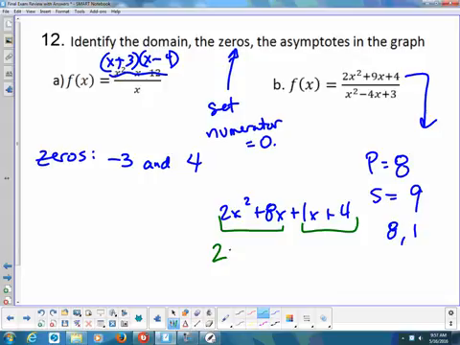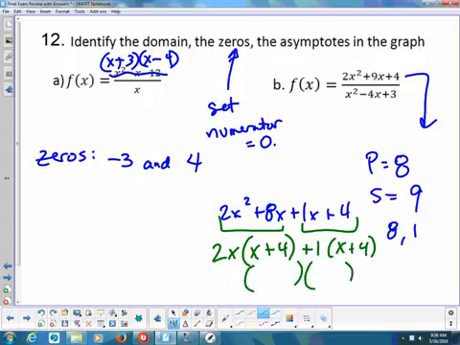Can I factor out 2x? Yeah. All right, and then what's going to be left? x plus 4. And then what can I factor out of a 1x plus 4? 1. So just factor out 1, and then you're going to be left with x plus 4. So what's it going to factor into? 2x plus 1 times x plus 4.